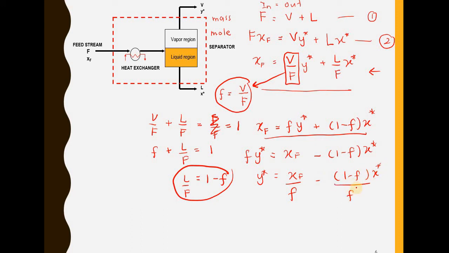over F. This equation also can be rewritten as, if I change F minus 1, this one will become positive.